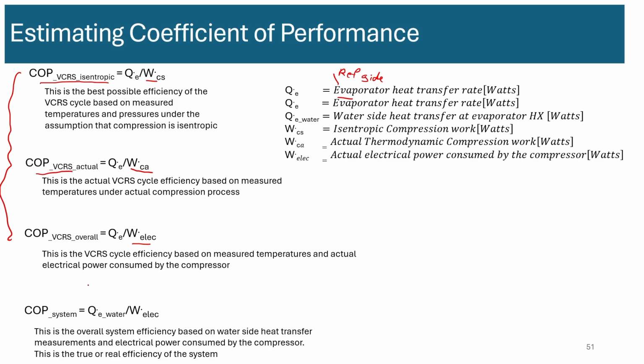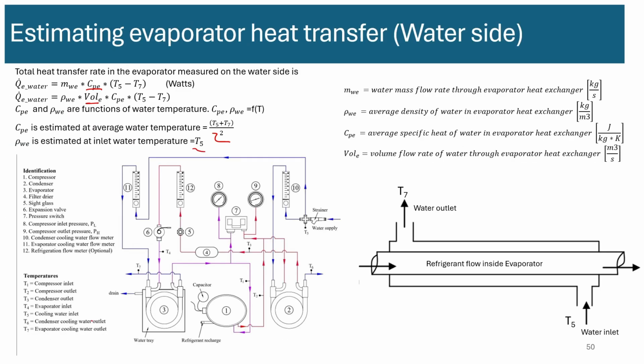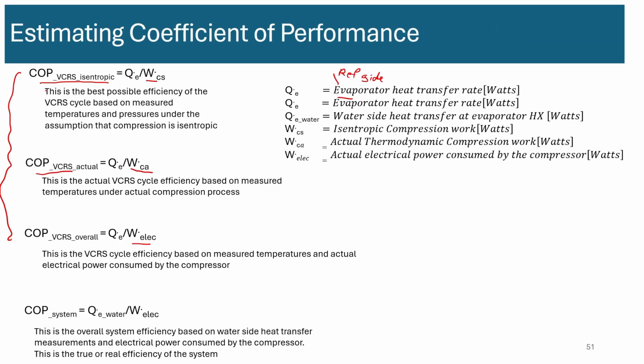Now, what if we completely avoid the refrigerant and only look at the water side of the heat exchangers? So only look at the cooling water heat transfer that we calculated in the previous slide, and then only look at the electrical power. So we are not looking at any measurements or any thermodynamic property, just what we can measure in reality.